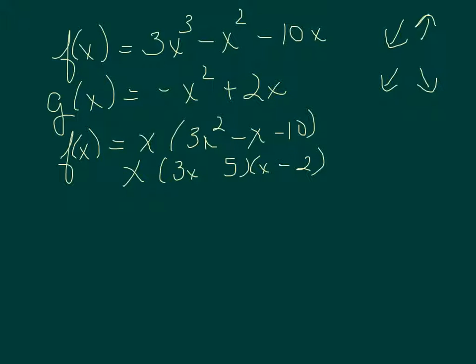If I have that one negative and that positive, does that work? Yes. So x could be 0, x equals negative 5/3, and x equals 2. Those are my zeros. That's the grown-up method of factoring.